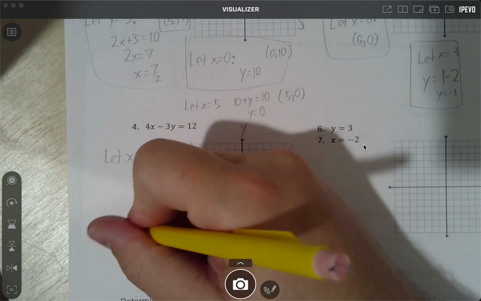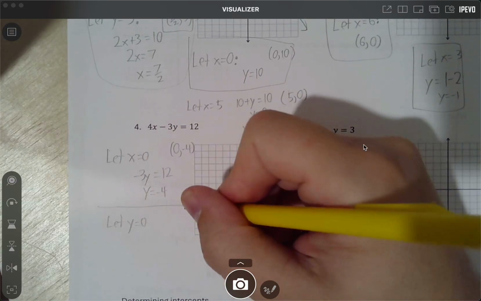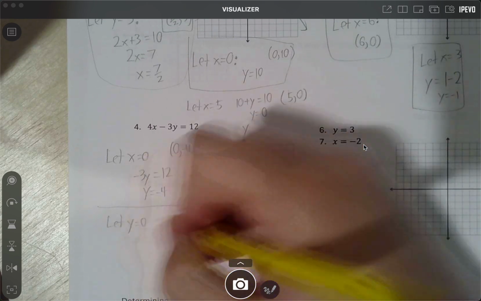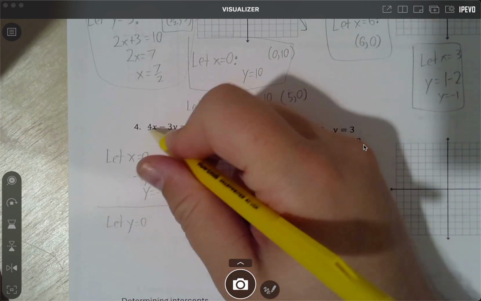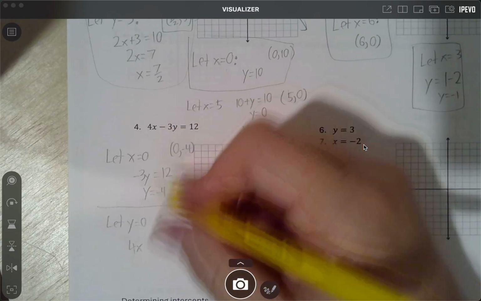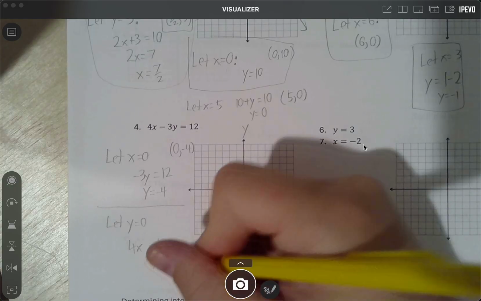All right, let's do the opposite. Let's let y equal 0. So see what I'm doing there is I'm doing it once for each of them. X is 0, solve. Y is 0, solve. Now if y is 0, the 4x stays, but negative 3 times 0 disappears. I still have 12, and look at that, I get x equals 3.